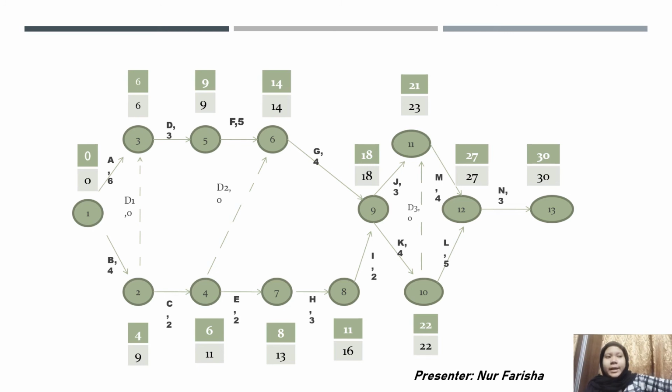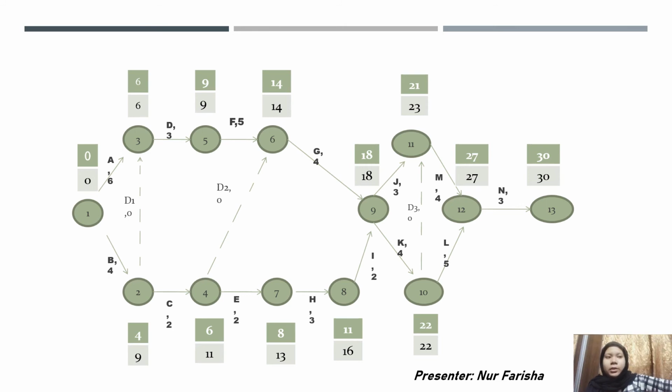For node number 9, we have 2 options, which are 14 plus activity G duration time 4 get 18, and 11 plus duration time 2 get 13. So we choose 18, the highest one. For node number 11, 18 plus 3 get 21.